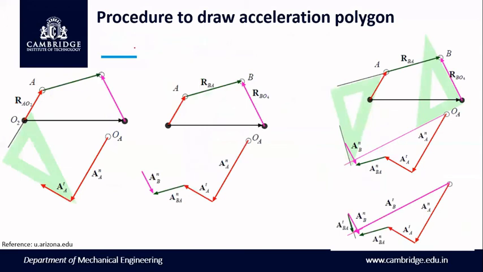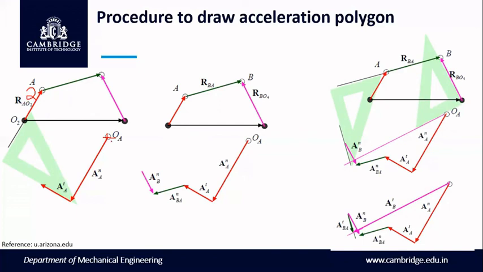The procedure to draw the acceleration polygon: we need to start from a fixed point OA, that is zero acceleration. Consider link 2 and draw the normal component. The normal component will always be radial to the link, so it will be parallel to the link.